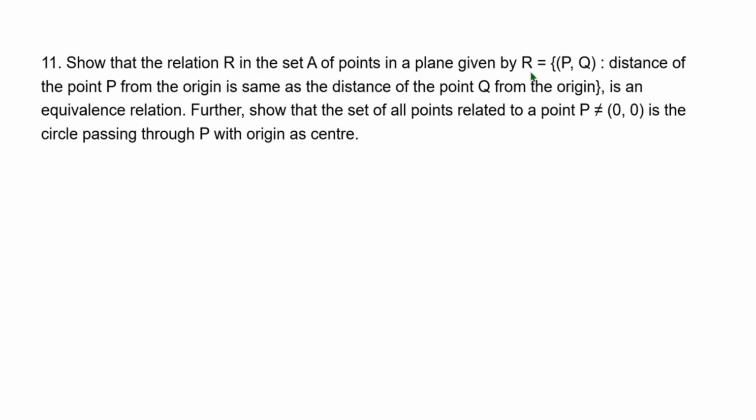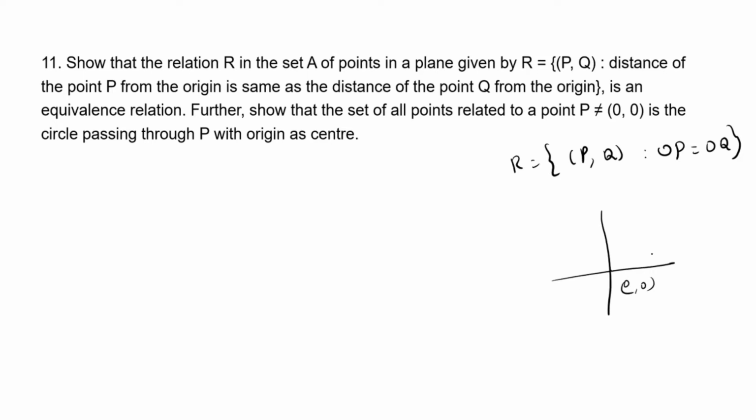So here the relation R is given by the set of all ordered points P, Q such that OP is equal to OQ. That is, R is given by the set of all P, Q such that OP is equal to OQ. So if we draw, this is the origin 0, 0.